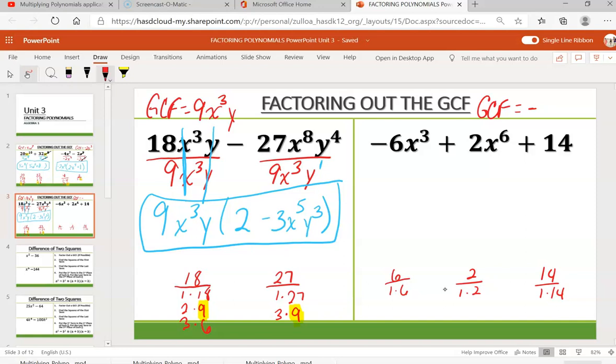Okay, so the factors of 6, 1 and 6, 2 and 3. Factors of 2 are just 1 and 2. And 14, 1 times 14 and 2 times 7. Now, the biggest number that all three of these numbers have in common is 2.